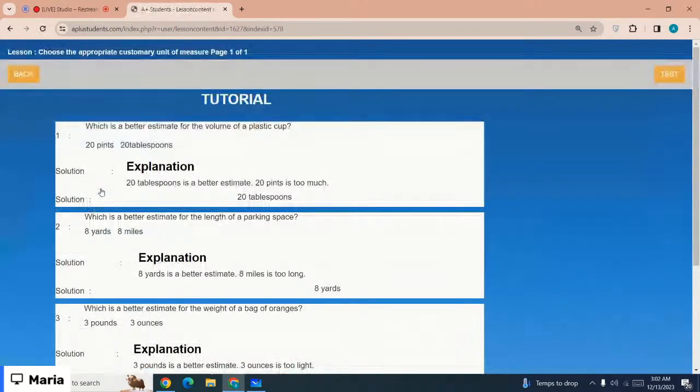Which is a better estimate for the volume of a plastic cup? So basically, you have to estimate the volume of a plastic cup. You are given two measurements: 20 pints and 20 tablespoons. You need to see which is the correct option.